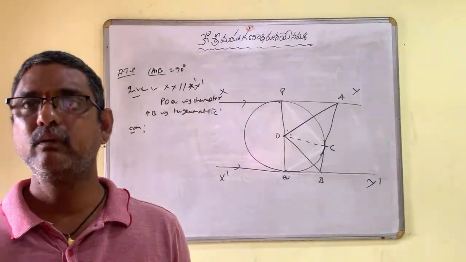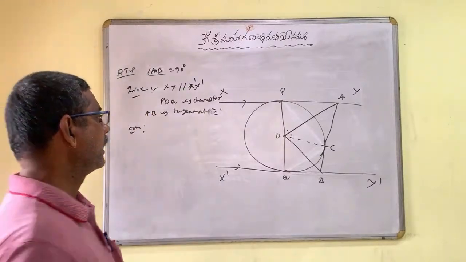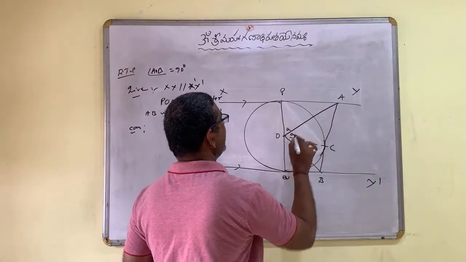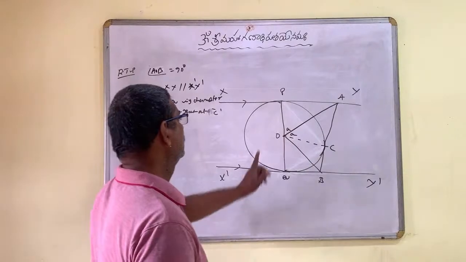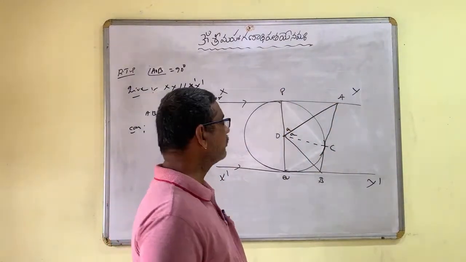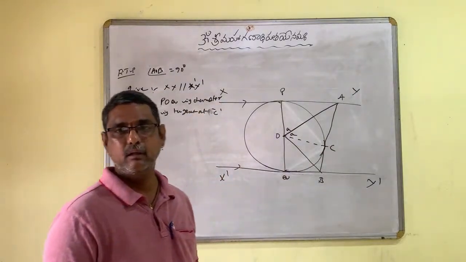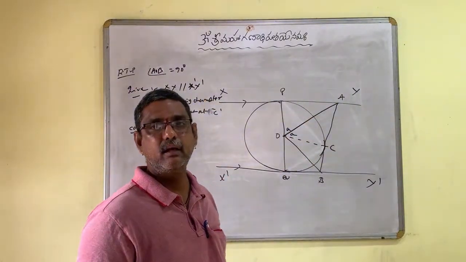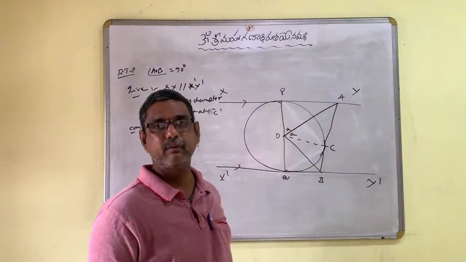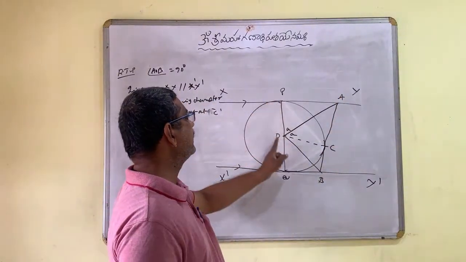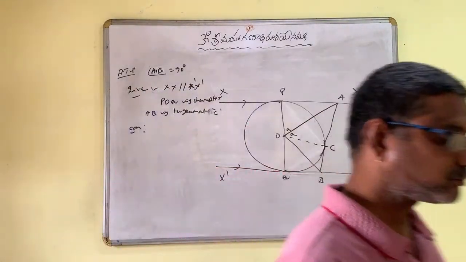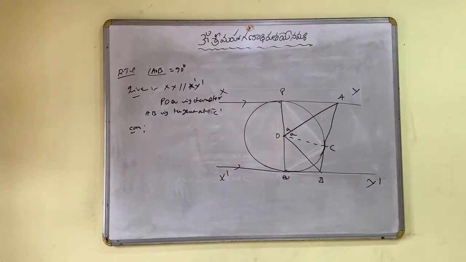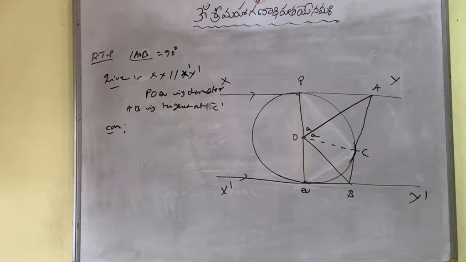They are equal. Why are those two angles equal? Triangle OPA is congruent to triangle OCA. Okay. CPCT, angle POA equal to angle COA. Okay?